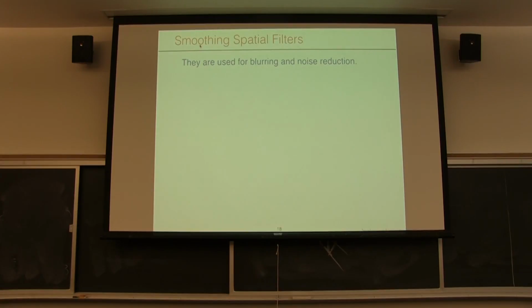Okay? But the idea is that we want to use these filters to reduce the noise, and the price that we pay is that our image will get blurred. Okay? Our edges will be less sharp after doing this, especially if we're doing a linear filter. Blurring can also be used on purpose to close gaps.